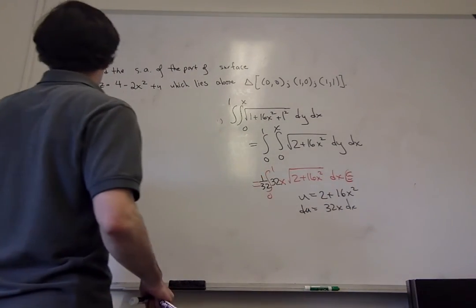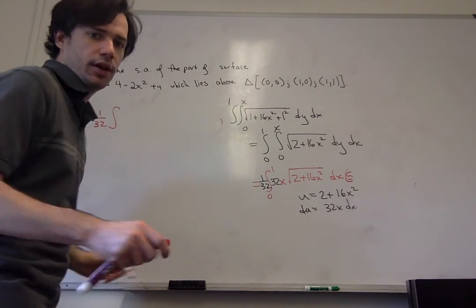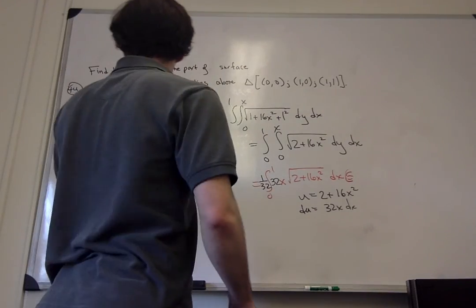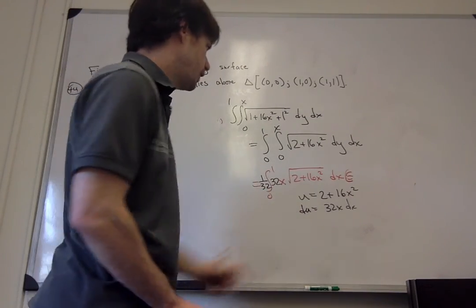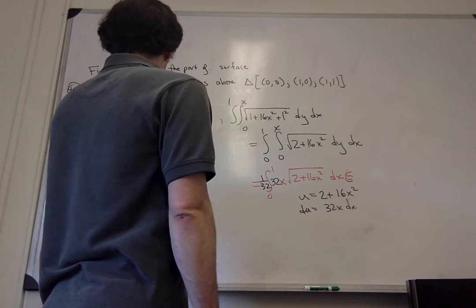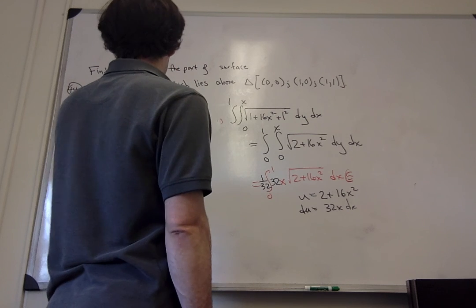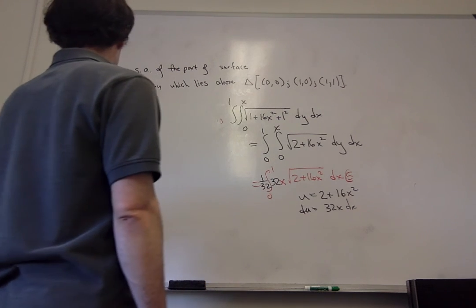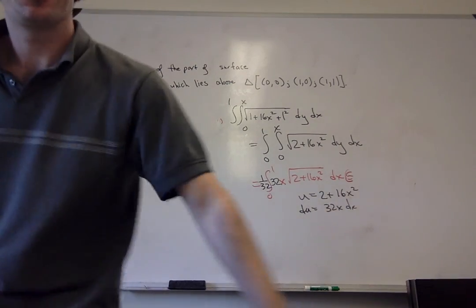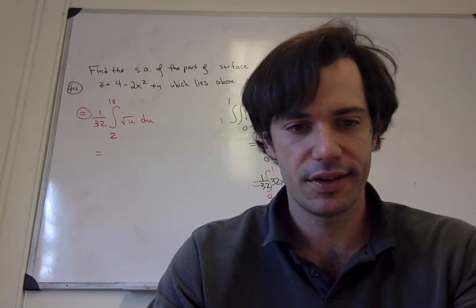If I rewrite it, I have 1 divided by 32, and plugging in 0, I get 2, and plugging in 1, I get 18, of the square root of u du. The rest is very easy, so I'll cut the video here.